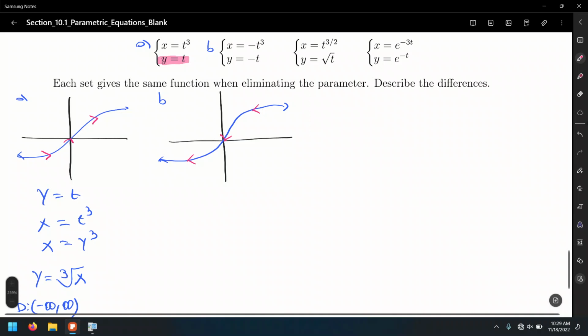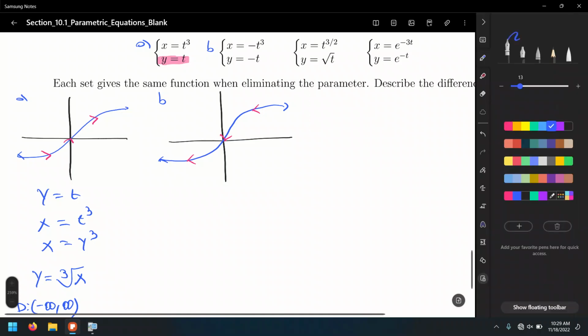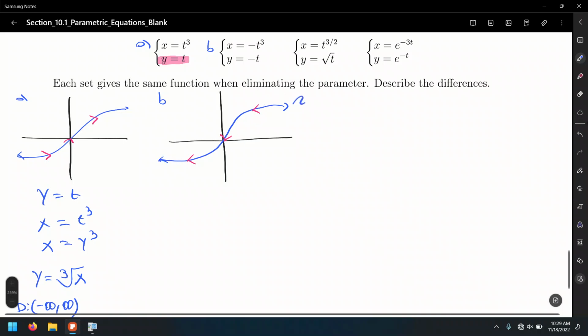And again, let's eliminate the parameter. The domain of the function, by looking at the graph, is the set of all real numbers. If y equals negative t, this implies that t equals negative y.